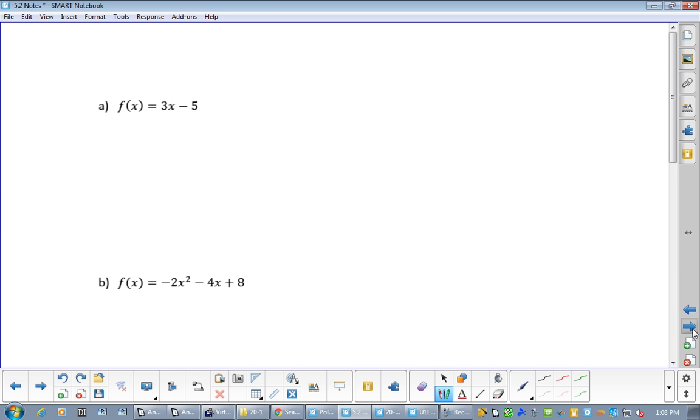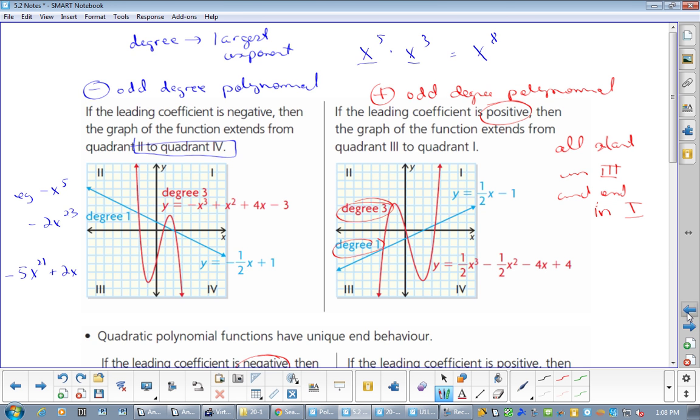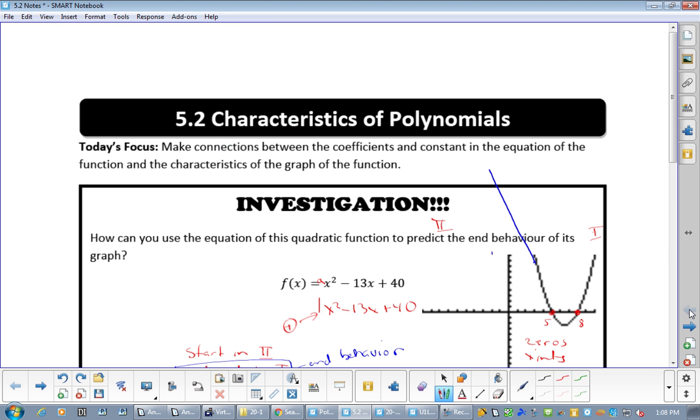Now, the first: what is the number of x-intercepts? How do we get 2? What is the rule? Let's look. I've got so many pages here, I can't find my rules.